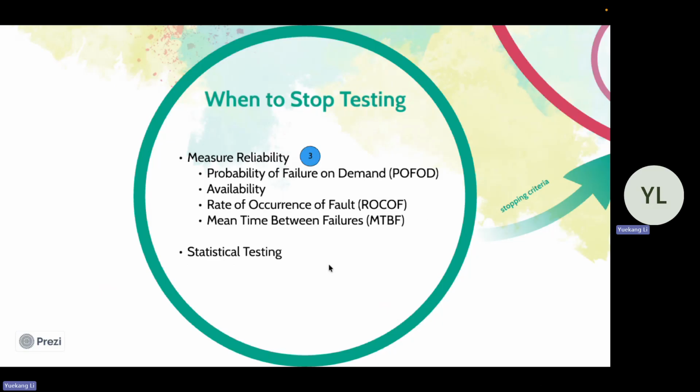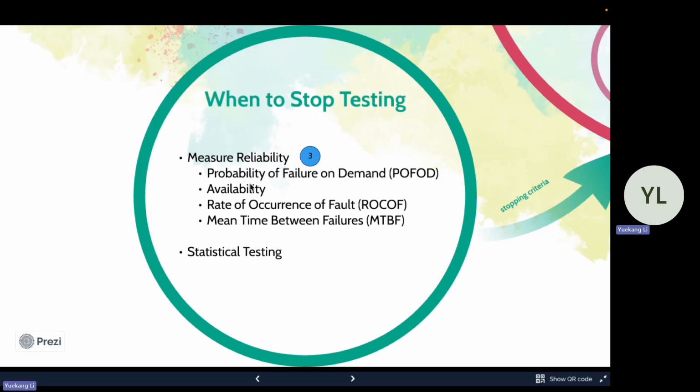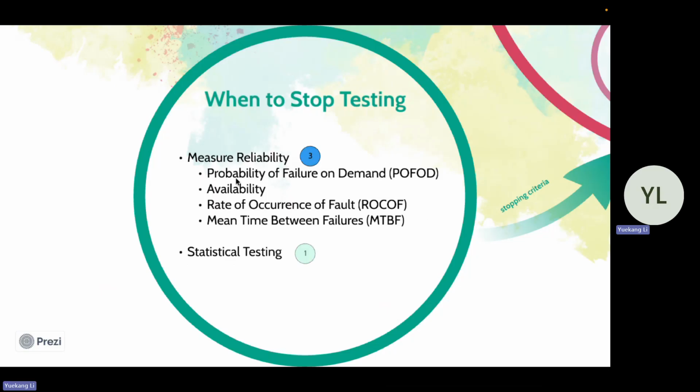How do we expect users to use different features of the software? And according to this usage profile, we can simulate how this software is used in reality, and then we can measure these different metrics to measure reliability, to decide when we can stop testing to release the software.